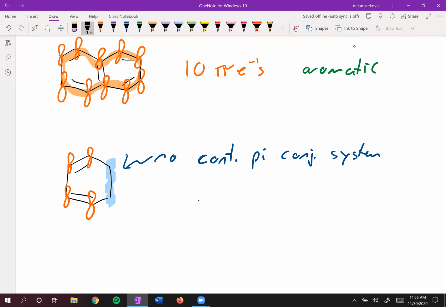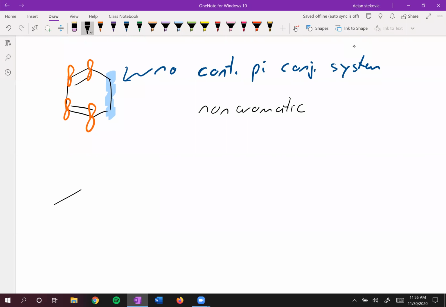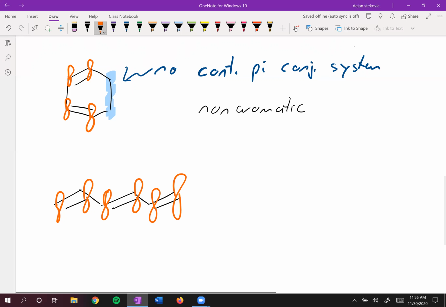And so this one is simply non-aromatic. If we think about hexatriene, right, we've got a continuous system here, right? We've got all these p orbitals, however, they're not cyclic. And so again, this is also non-aromatic.